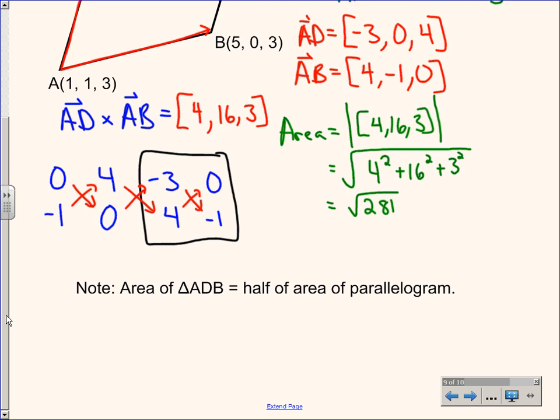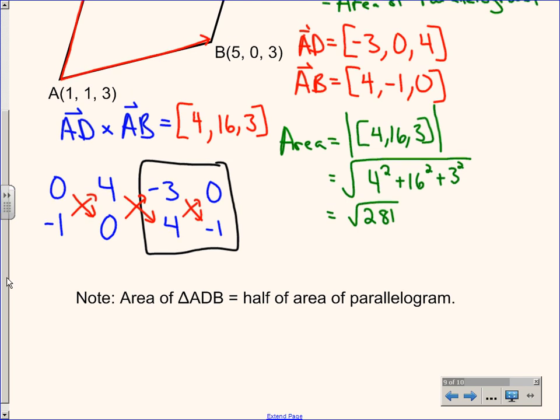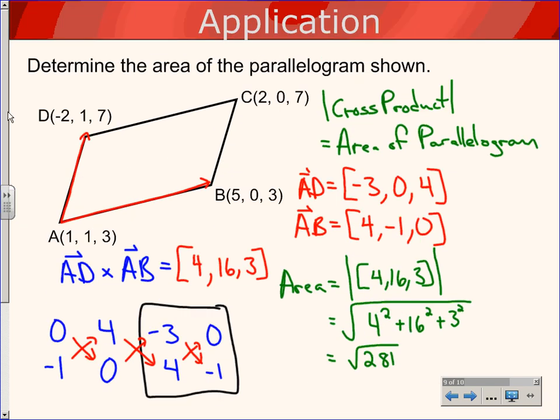The question that we just did asked for the area of a parallelogram, and you'll see that sometimes. But another common question, honestly the one that I ask more often, I suppose, would be to find the area of a triangle. So if I'd asked you for the area of triangle ADB, that would be this triangle right here. Well, the way you calculate that is you get the area of the parallelogram, and then you just divide by 2.